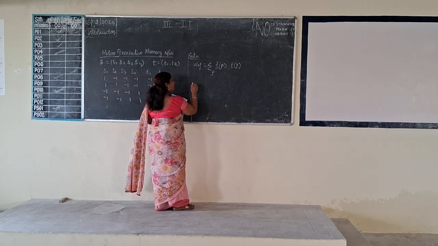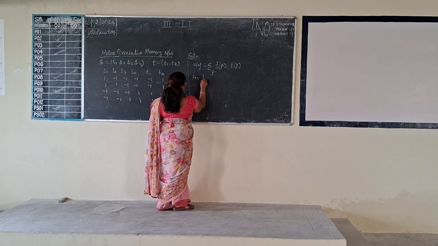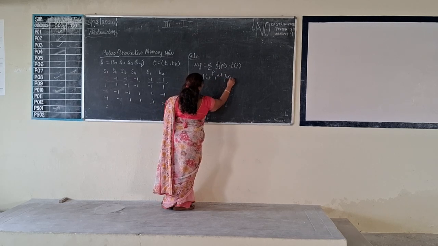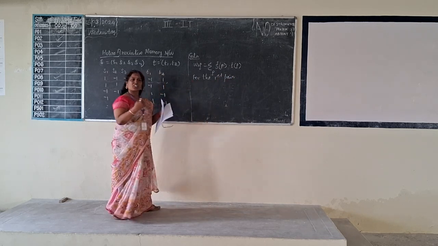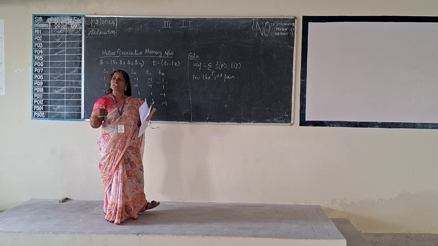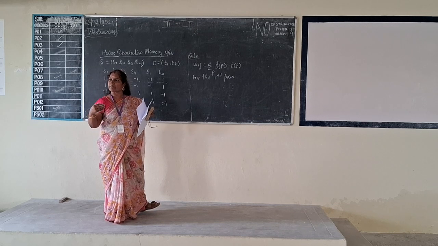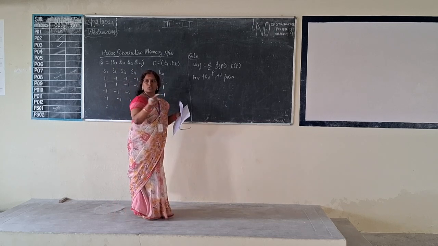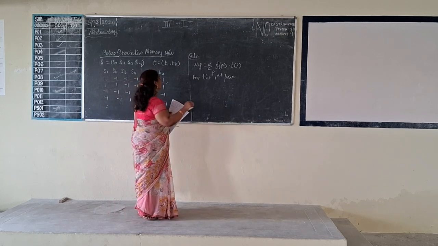For the first pair, one by one we are going to do it now. For the first pair, that is input and output, we need to train each and every input. Finally, you will get a weight matrix. So row by row we are going to compute the weight matrix now.